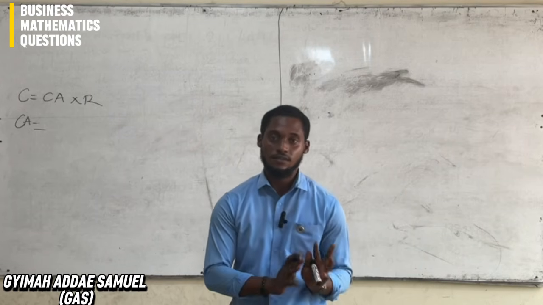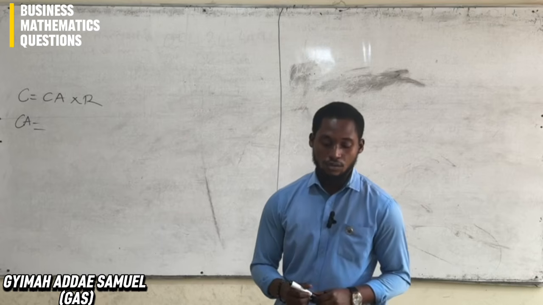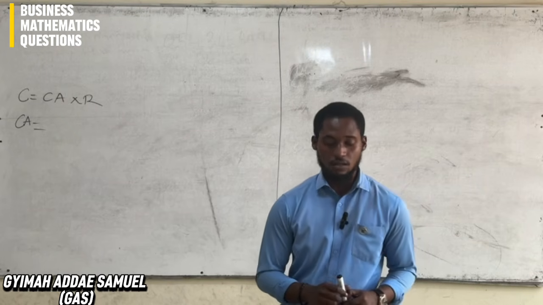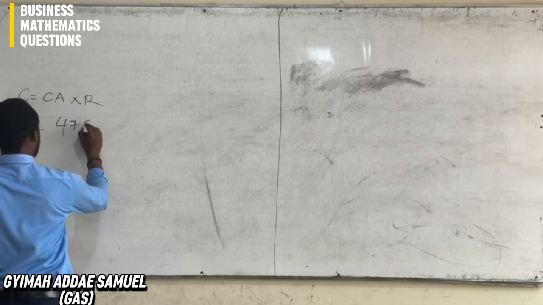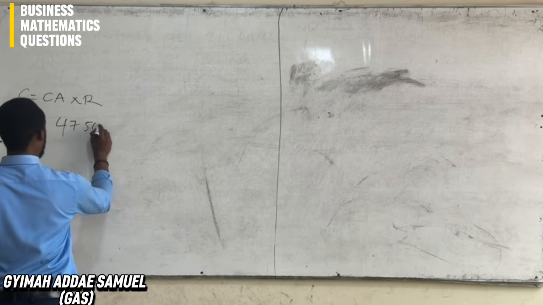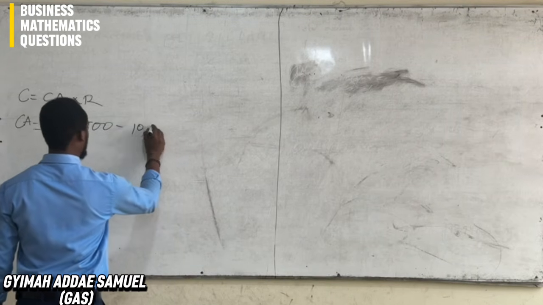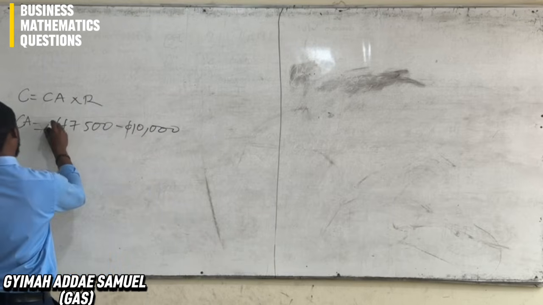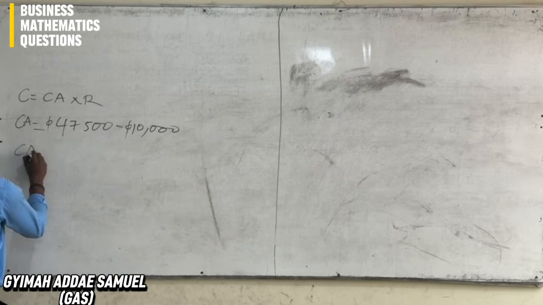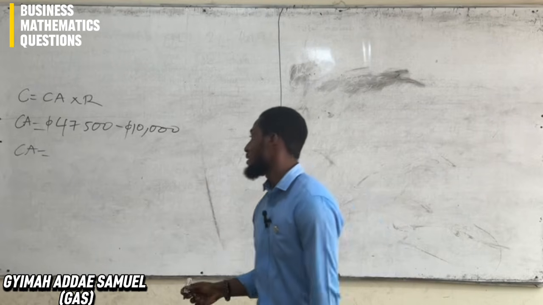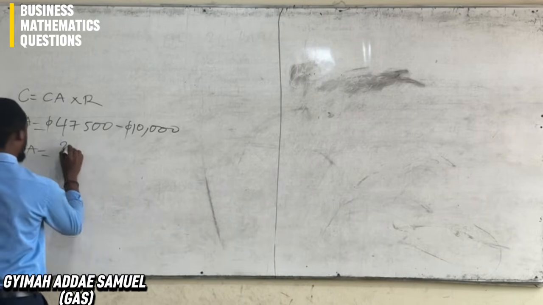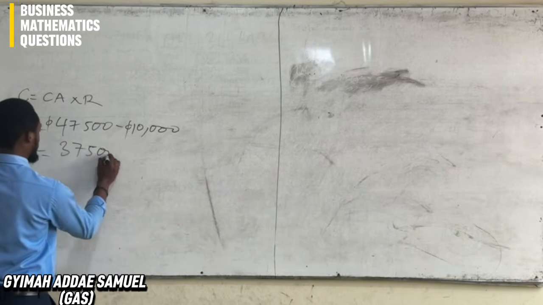So we are sticking to the 47,500. So our commission amount will be 47,500 minus 10,000, which is the quota. So we are having 37,500 as our commission amount.